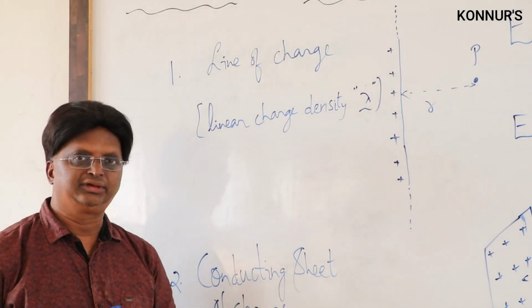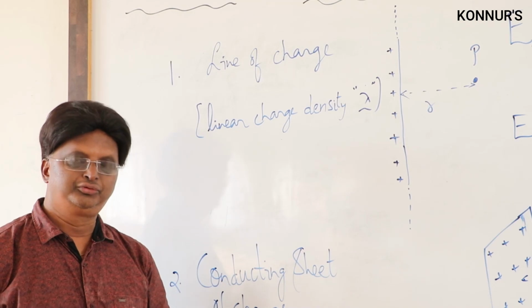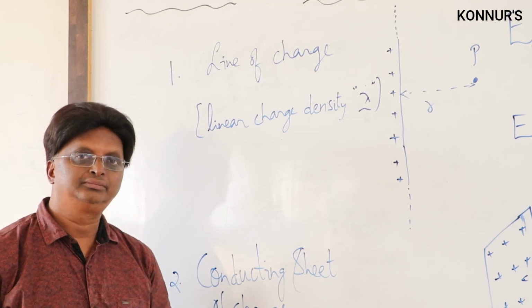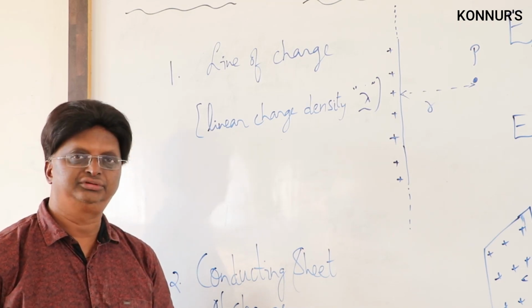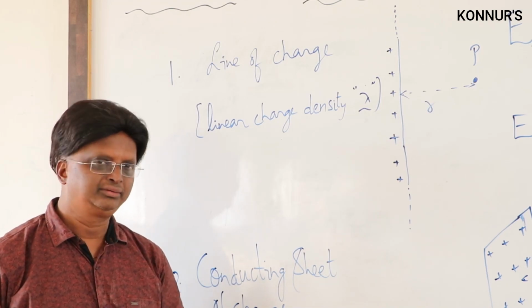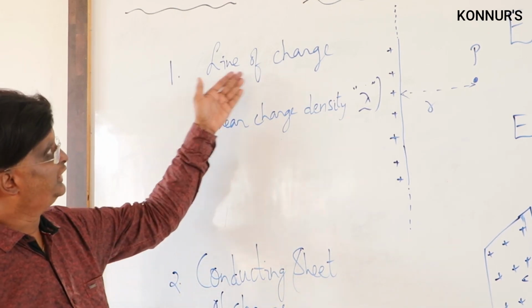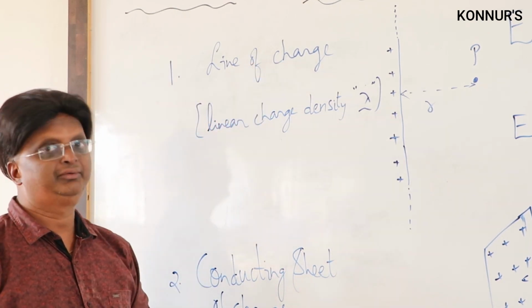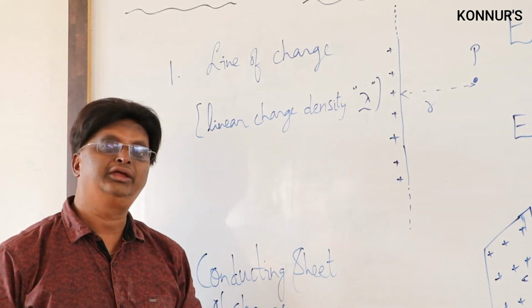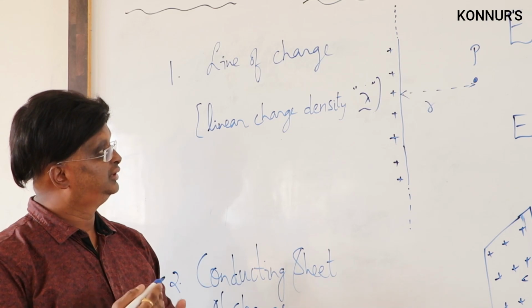Now let us see the electric field intensity produced by continuous charge distribution. Few important cases for our NEET and CET. Now to begin with, I have taken a line of charge. In fact, it is a long line of charge, a wire which is charged like that.